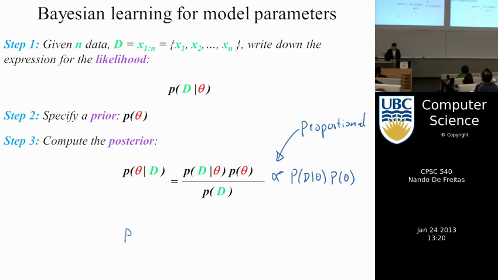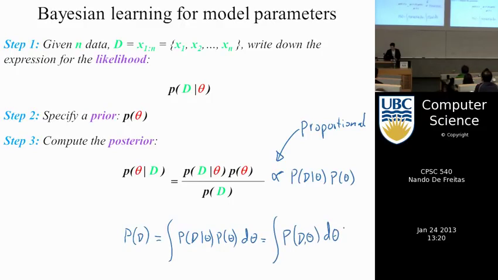In other words, P of D is equal to the integral of P of D given theta times P of theta d theta, which is equal to the integral of P of D and theta over theta. So again, if we have a joint distribution over two quantities, we integrate one out, we get the marginal. And that makes sense, because we know that the integral of P of theta given D over theta is equal to 1.